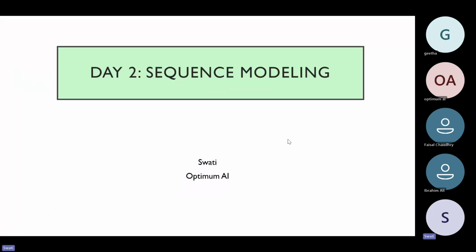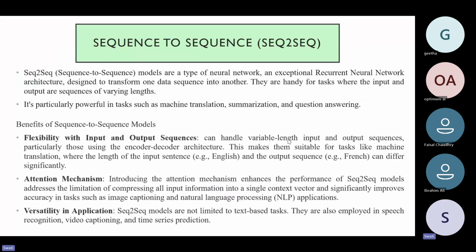Okay, so today's topic is sequence to sequence modeling. Yesterday, what did we learn? We learned about the artificial neural network, ANN, then RNN, recurrent neural network, and different types of RNN, one-to-one, many-to-many.